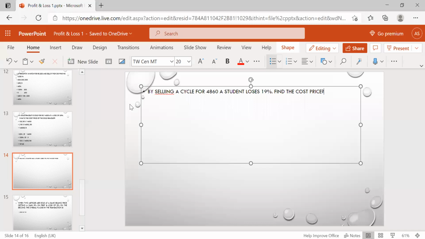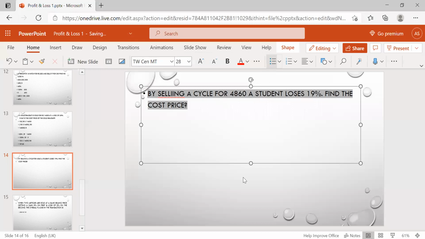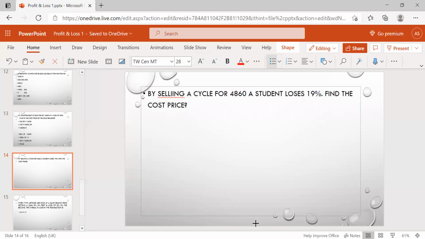Say the answer for this one by using percentage or by using the formula. If percentage, it means 81%. He got a loss of 19%. That means 81% of the CP equal to 4,860 rupees.